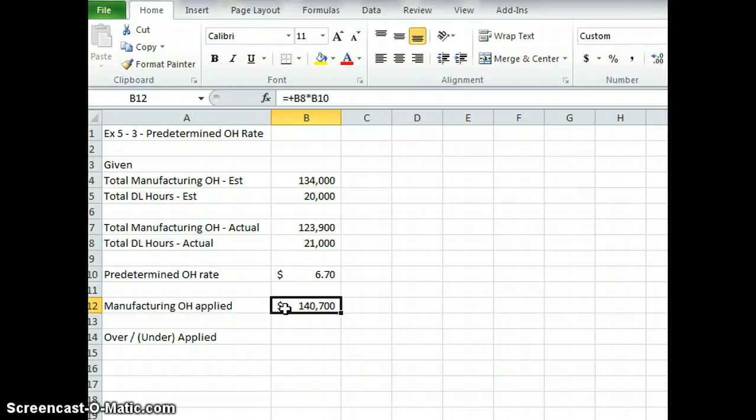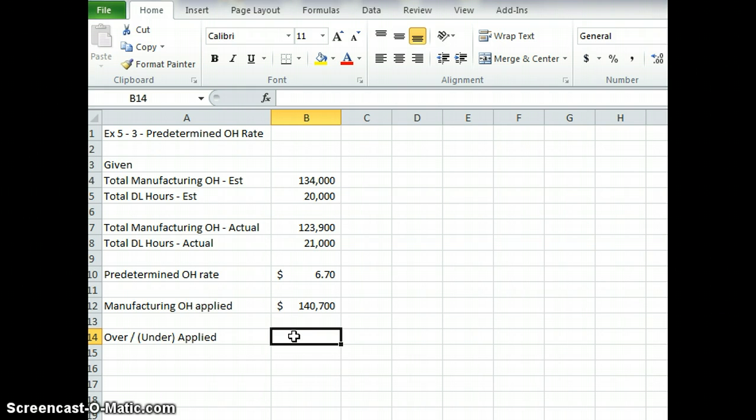And we can tell that quite simply because on a unit by unit basis we booked in our financial statements $140,700, but we know how much we paid our employees and how much we paid for rent and how much we paid for maintenance, and we actually paid $123,900. So we have over applied our overhead rate.